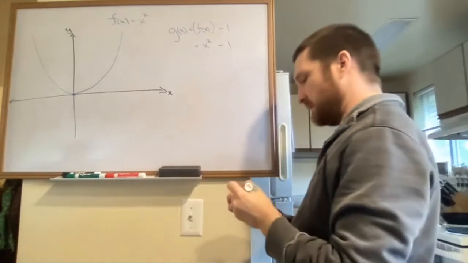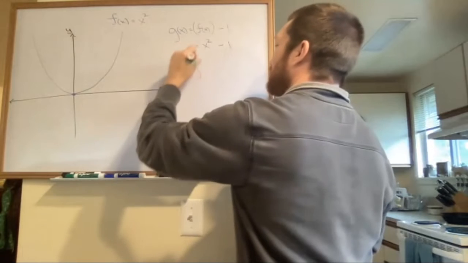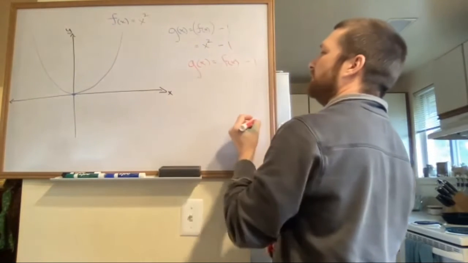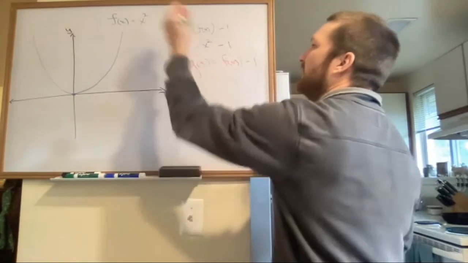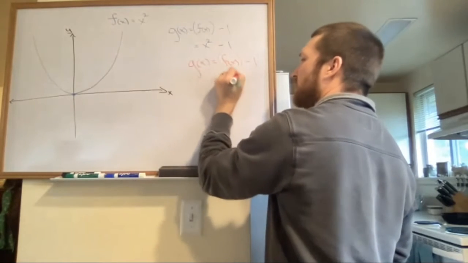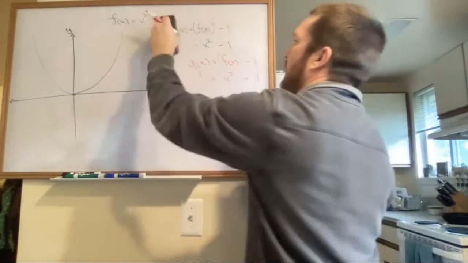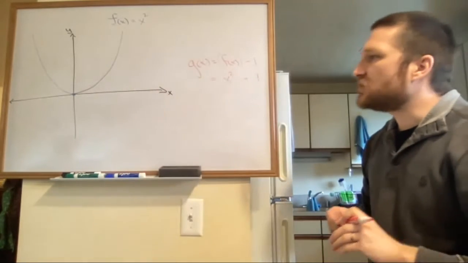Okay, and I did this in blue. I wanted to do it in red. g of x equals f of x minus 1, which I said, oh, f of x, that's an output. The output of f of x is x squared. So you take whatever that is, then you subtract off 1. Okay, so that's what I was saying. Now, let's do some points.